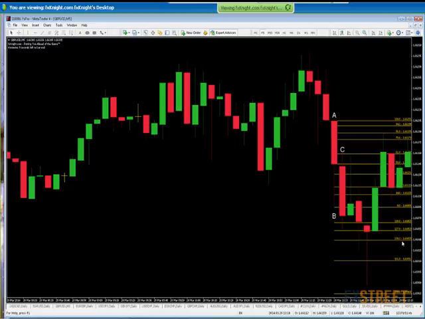You have both tools within MetaTrader or within most charting platforms. All I really did was trick the software into giving me both with a single mouse click. It's a little bit of a time saver. That's why these numbers are all greater than 100, because they show you how much past B we've extended.